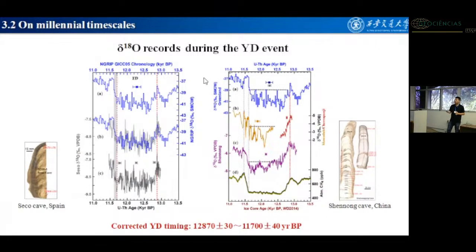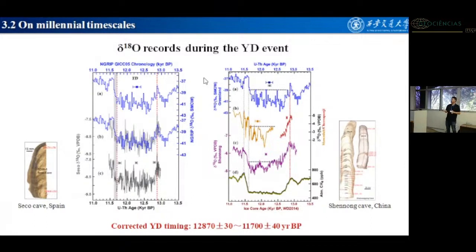We can see this gray curve correlates very well with the NGRIP delta 18O record. The age uncertainty of the Greenland NGRIP record at this period is about 100 years, but Cycle Cave is about 30 years. So the NGRIP chronology at this Younger Dryas period is no problem, but we can decrease the age uncertainty from 100 to 30.